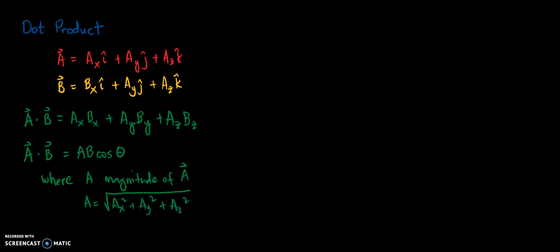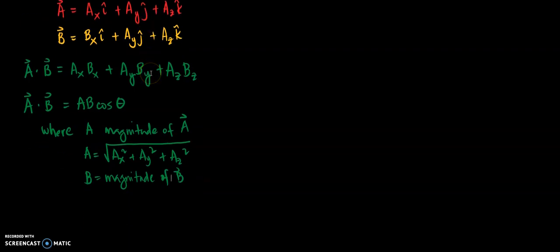And B is also the magnitude of vector B, which is equal to the square root of B sub x squared plus B sub y squared plus B sub z squared.